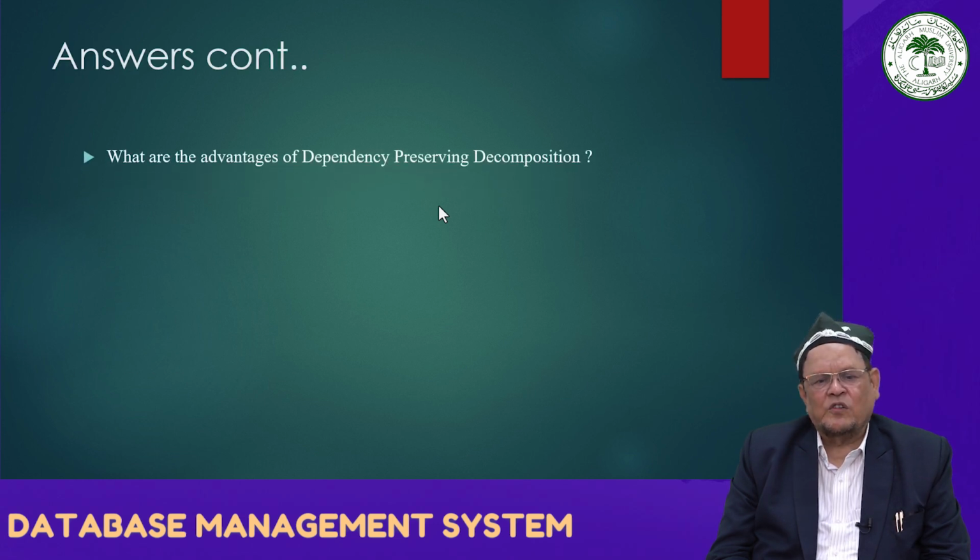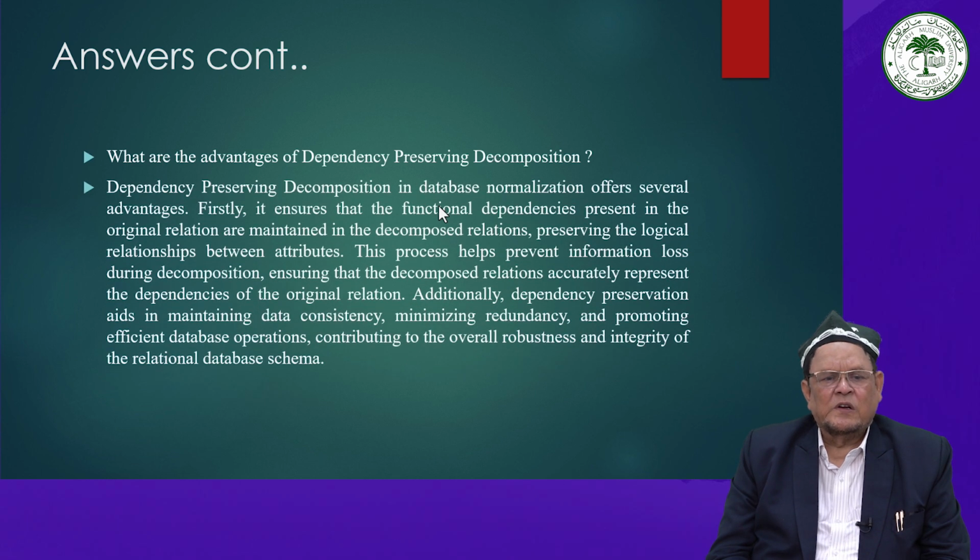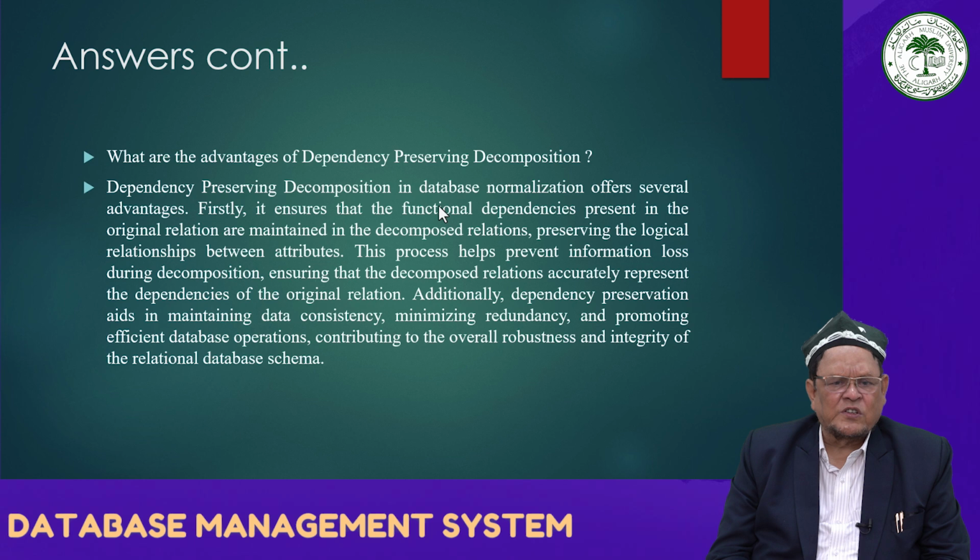What are the advantages of dependency preserving decompositions? The answer is, dependency preserving decomposition in database normalization offers several advantages. Firstly, it ensures that the functional dependencies present in the original relation are maintained in the decomposed relations, preserving the logical relationship between attributes.